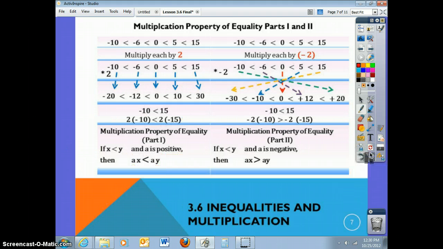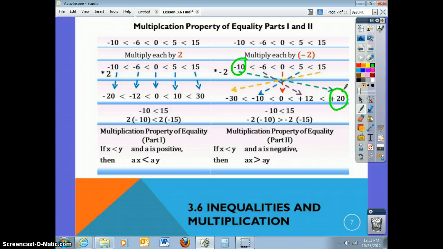Now here's where the interesting part happens on the right-hand side. I have the same set of numbers, -10 all the way up to 15 in consecutive order. Instead of multiplying by +2, I'm going to multiply by -2. When I take -10 and multiply it by -2, I get +20.